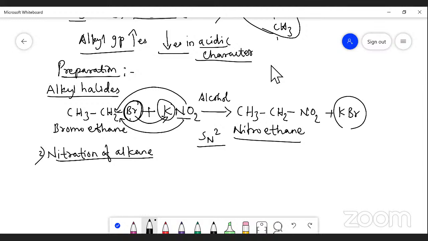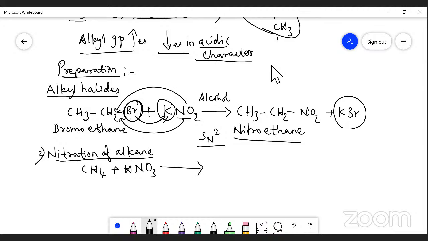We mix them with nitric acid vapors. Those vapors we have to pass through a metal tube, and those metal tubes are in red hot condition. So first take methane gas mixed with the vapors of nitric acid, HNO3.